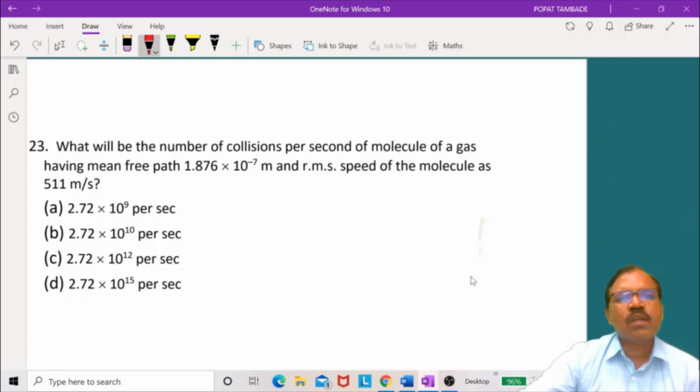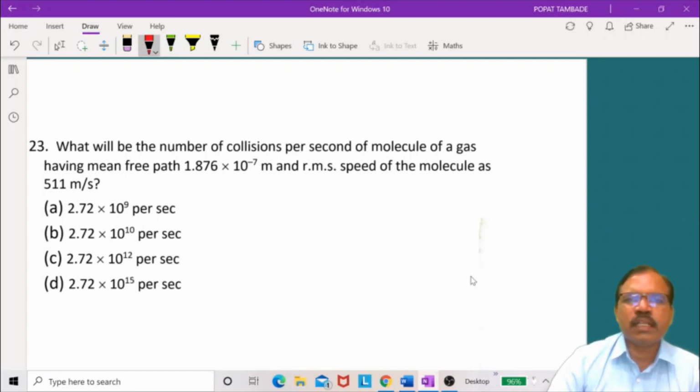Now next one, what will be the number of collisions per second of a molecule of a gas having mean free path 1.876 into 10 raised to minus 7 meter and RMS speed of the molecule as 511 meter per second?